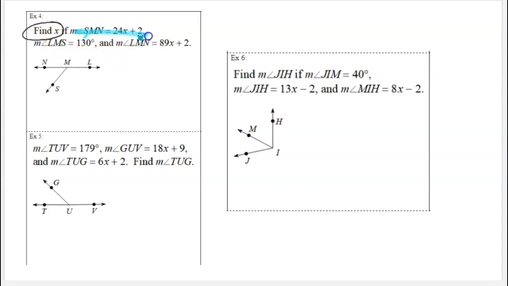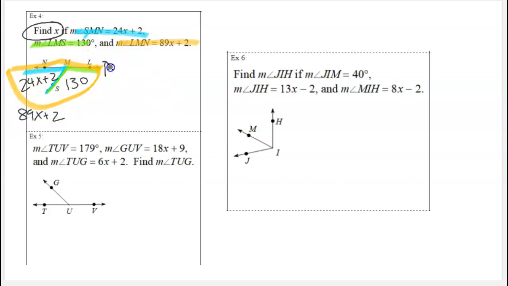We have SMN is 24x plus 2, and LMS is 130. And then LMN, which is the whole angle, is going to equal 89x plus 2.